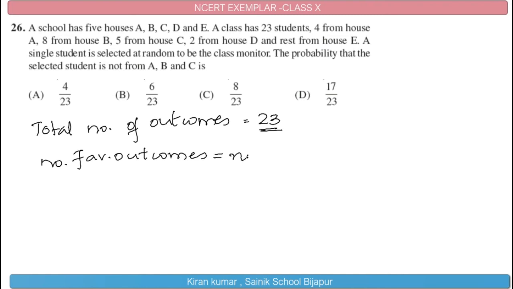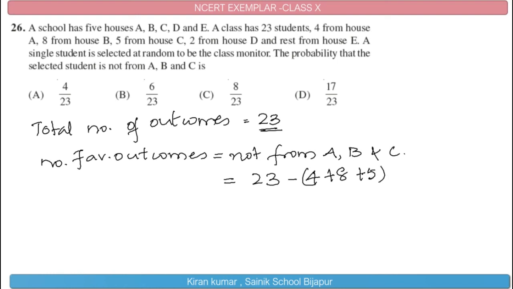Not from A, B, and C will be the total minus the students from A, which is 4, from B, which is 8, and from C, which is 5. We get 23 minus 17, which is 6. Therefore, the probability of the event is 6 out of 23. So 6 by 23 is the right answer.